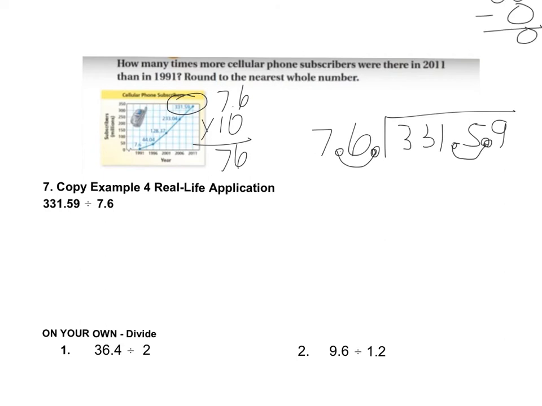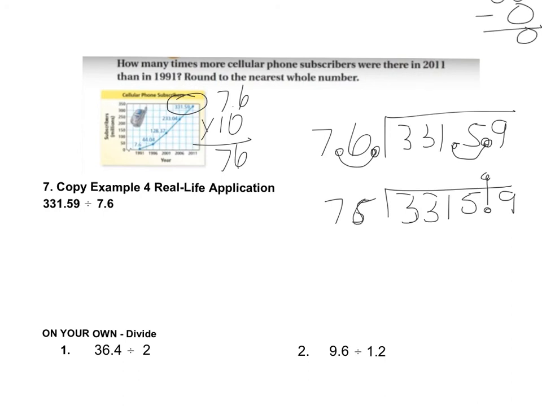And so now it's going to be, clean it up again, 3,315, and there's our decimal, 9. Move that decimal up, divided by 76. Okay. So, now, we look at, does 76 go into 3?